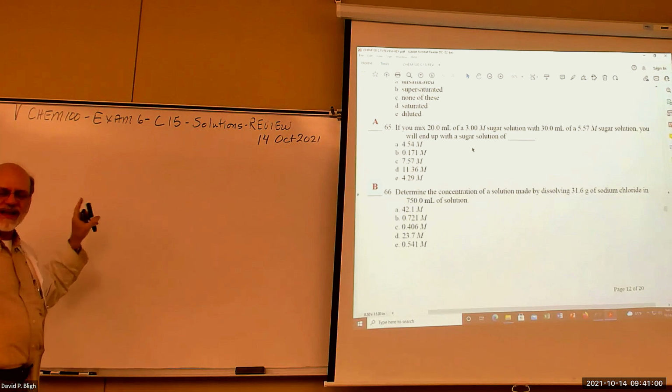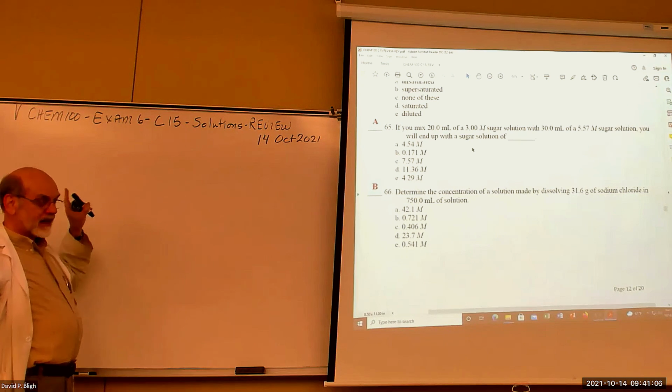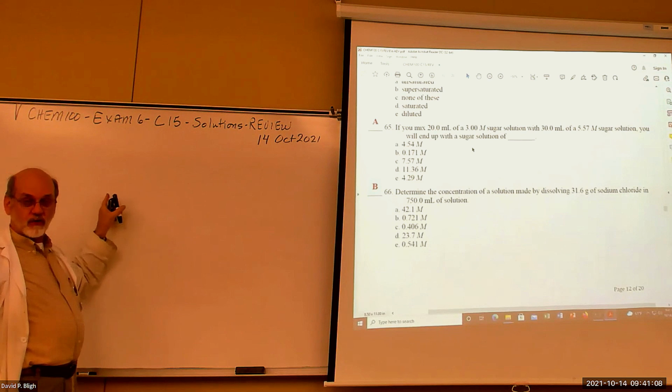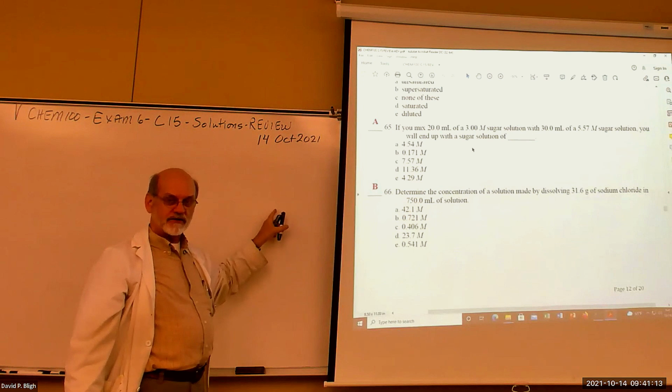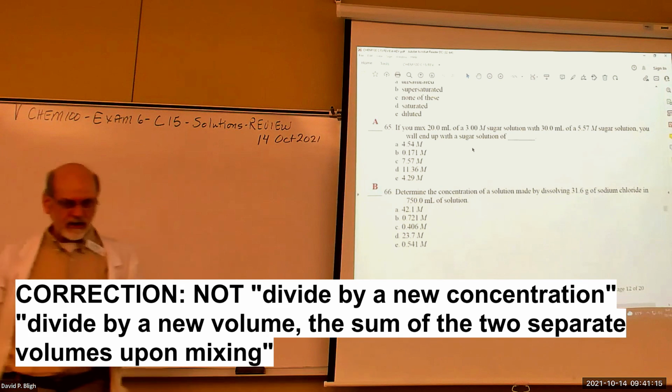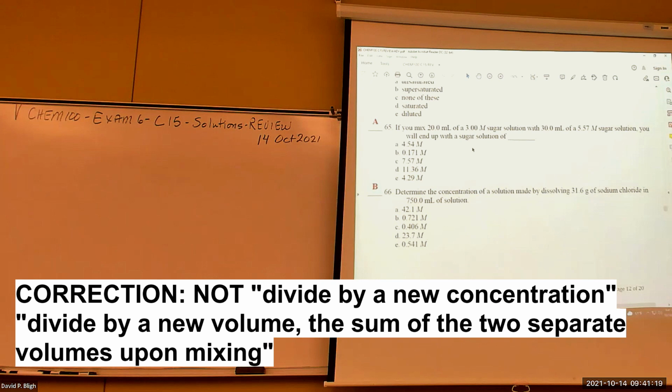What's the concentration of nitrate ion in the solution? Nitrate is a spectator. So all you have to do is find out how many moles of nitrate did you start with. You have the same number of moles at the end. You just divide by a new concentration because it's diluted when you add them together. So that one really is pretty simple.